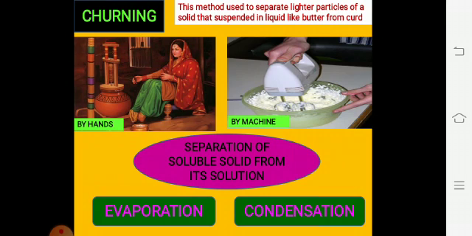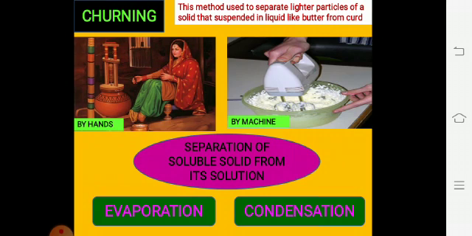We separate the lighter suspended particles from the liquid by the churning process. Churning can be done by hand as well as by machines, as you can see in the given pictures.